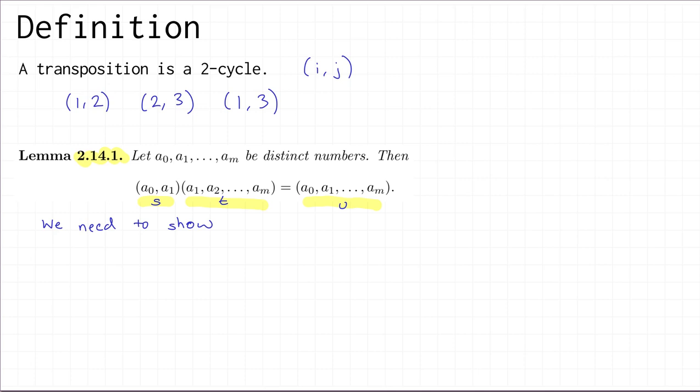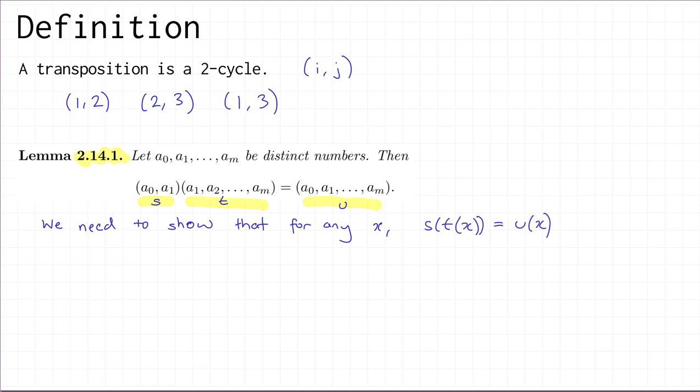And what we need to show is that for any number x, S of T of x is equal to U of x. That's what it means for those two functions to be equal to one another, that they have the same value at every input x. But we can do this. This is nice and easy because we know how those functions are defined.